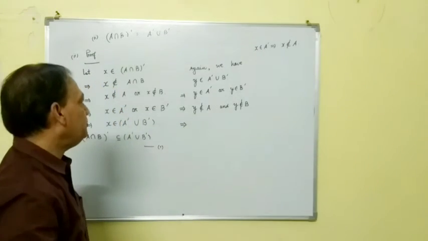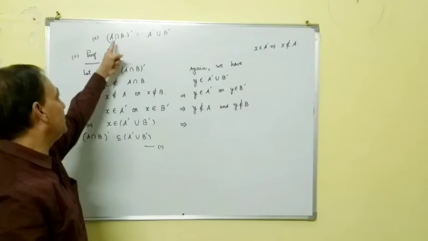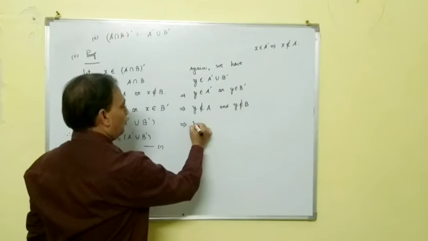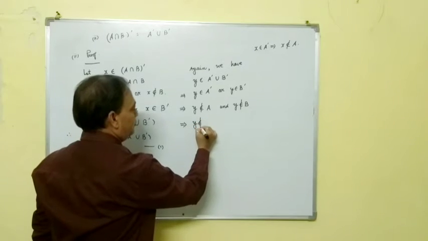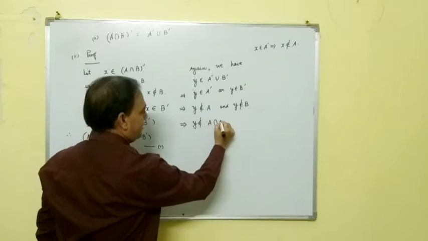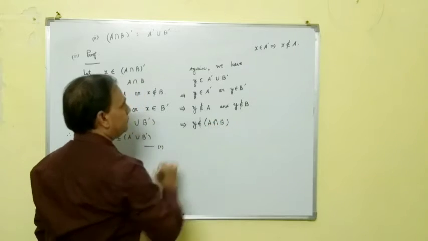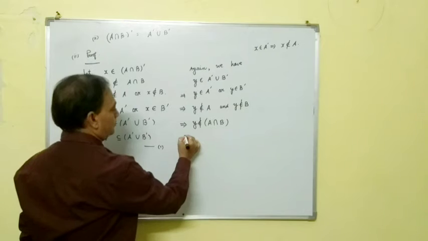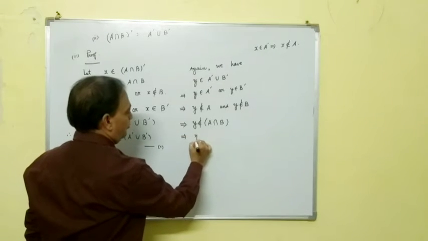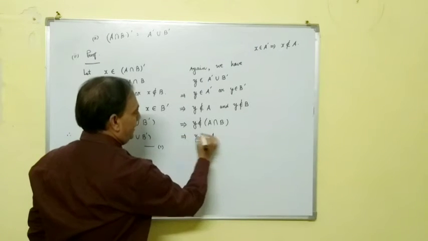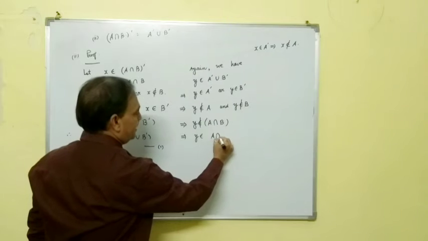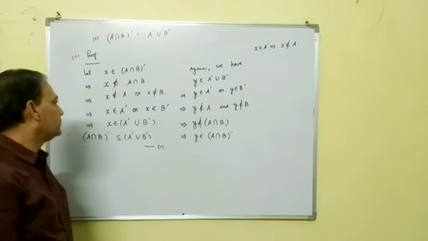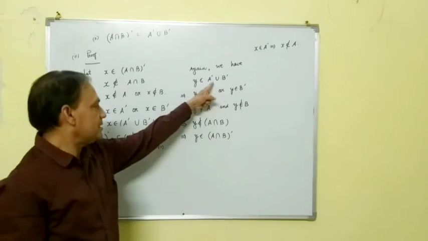What we have to prove? We have to prove this. So Y does not belong to A intersection B. Therefore, Y belongs to the complement of A intersection B. So this is the subset of this.